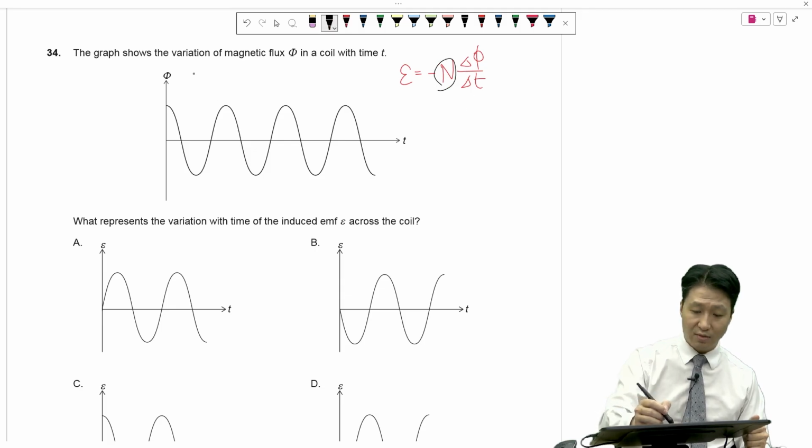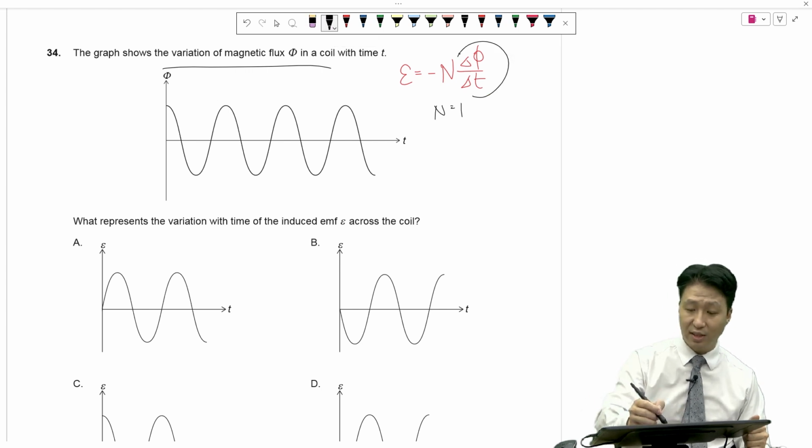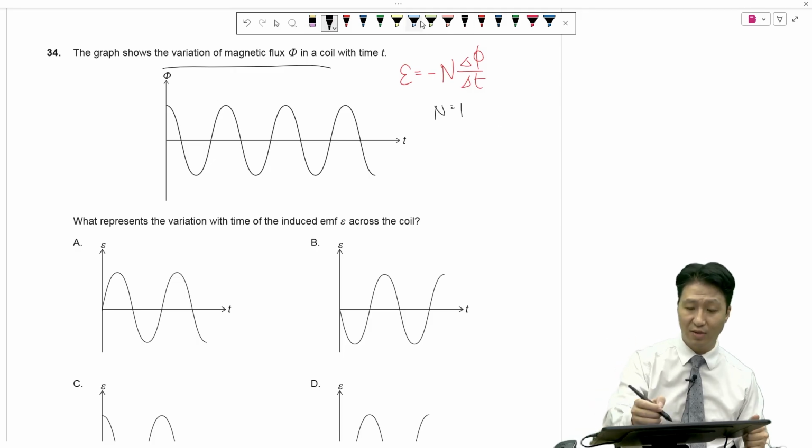First, it's just one coil, so N is equal to 1, which is not really important right now. What is important is the rate of change of flux, which is delta phi over delta T, is the slope of this graph, because you have time in the x-axis and flux phi in the y-axis.